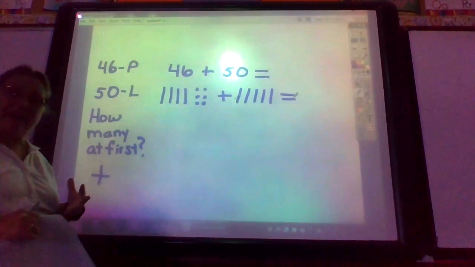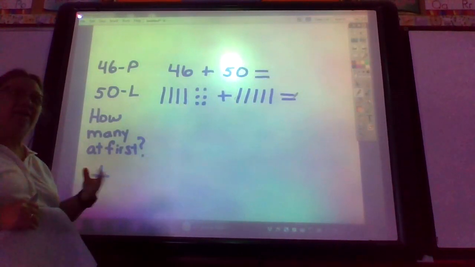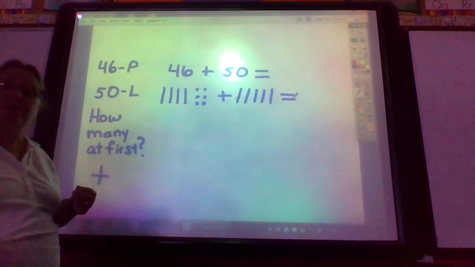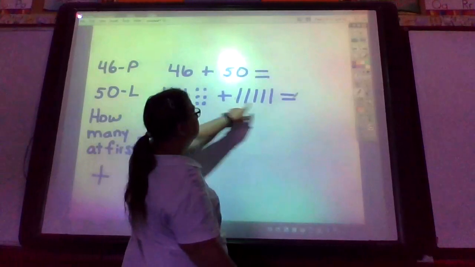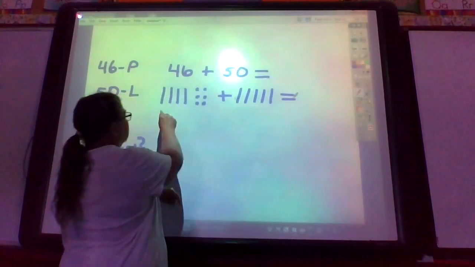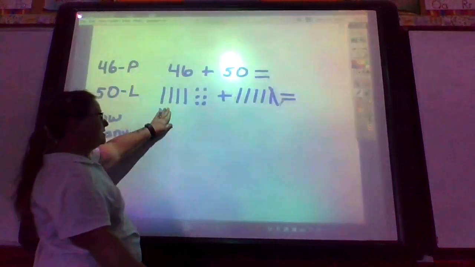Now we can add all of our tens together. I'm going to do that by doing this. I'm going to take this 10, and I'm going to move it over here, and get rid of it here. I'm moving it to this side so I can count.